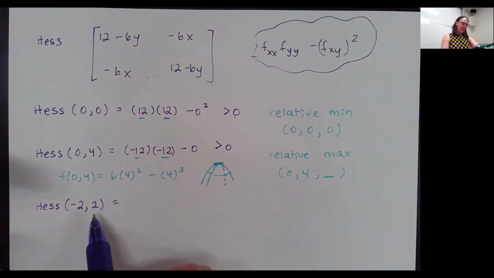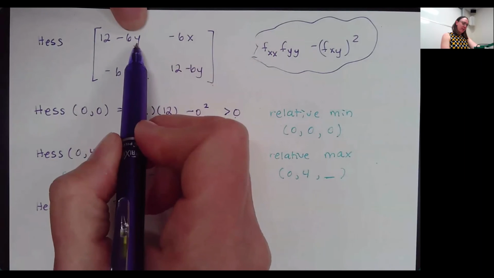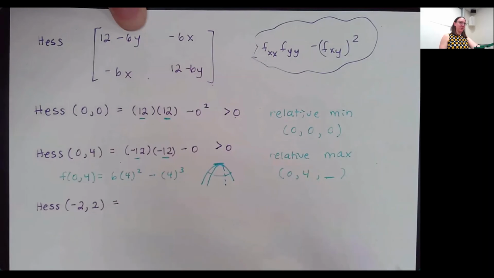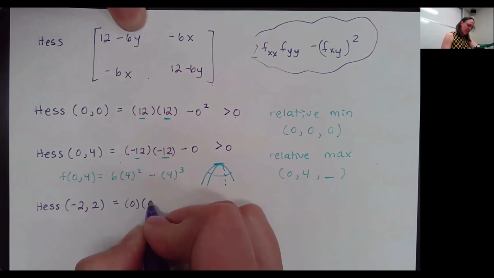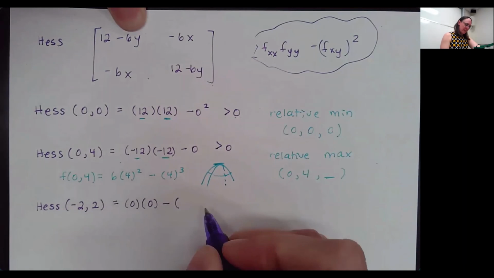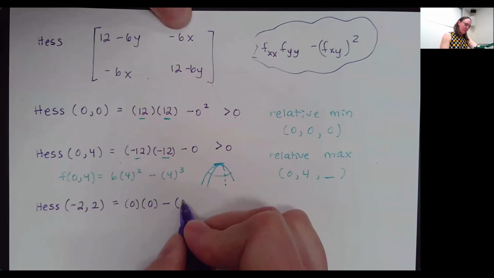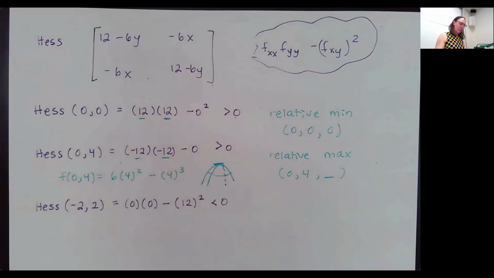So at (-2, 2), when I plug in 2 for y, my fxx is 0 and my fyy is 0. So this is 0 times 0 minus, when I plug in -2 here, that'll become a positive 12 squared, and overall this is negative. So I know that I'm at a saddle.